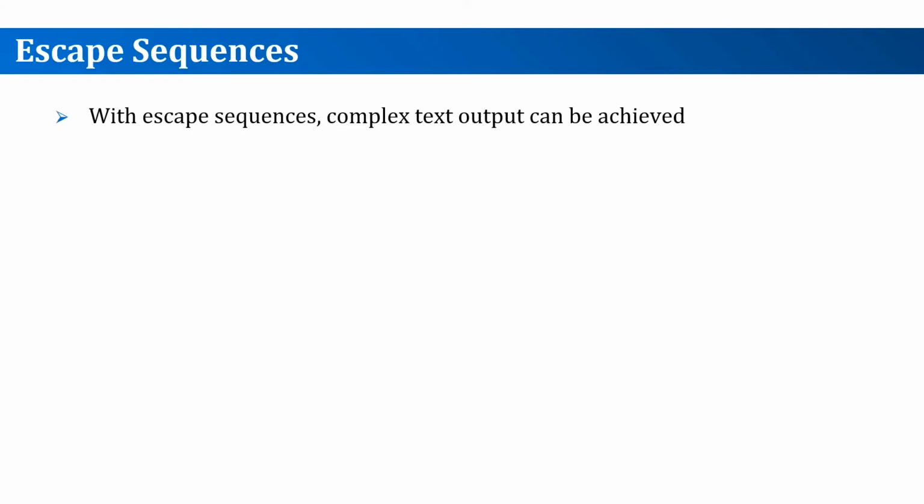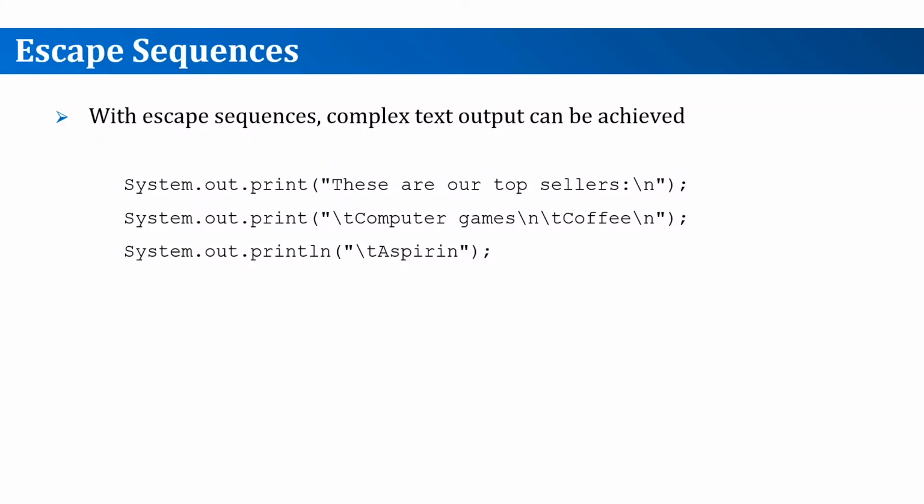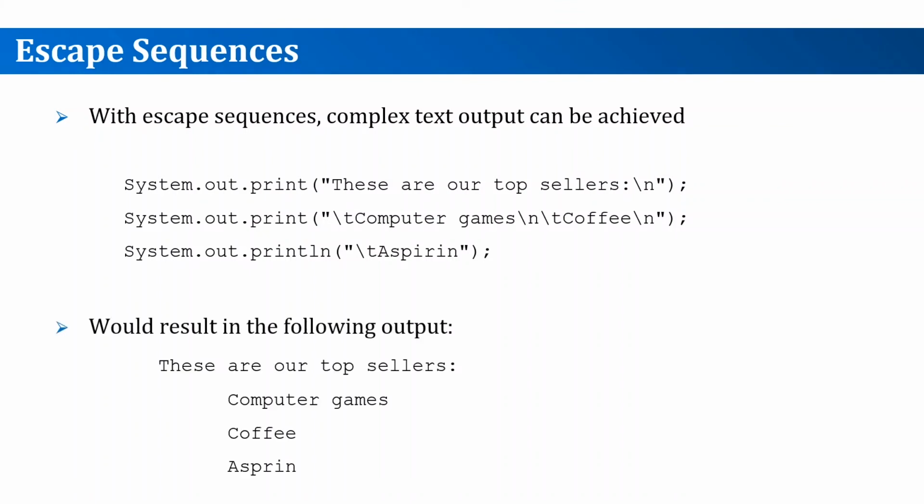Using combinations of escape characters, we can write complex text output. Let's take an example. The following statements will print the list of products with an indentation. Notice here that the first statement is a print statement, which is going to print "These are our top sellers." Followed by \n, this is going to create a new line.